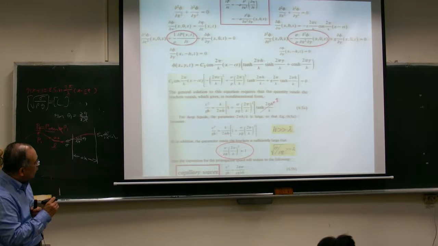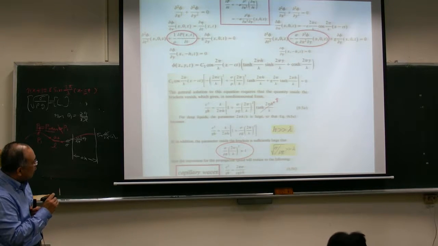When you compare with the lambda square, this is much greater than lambda square. So this term here can be even simplified. 1 plus this will be simplified as only this.